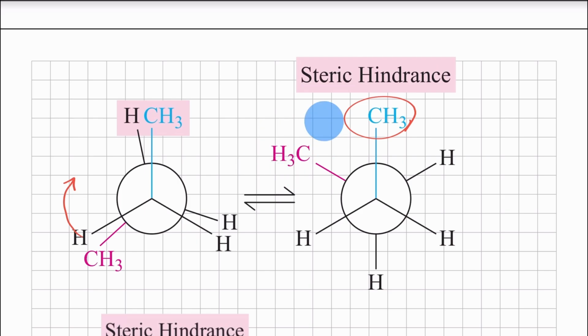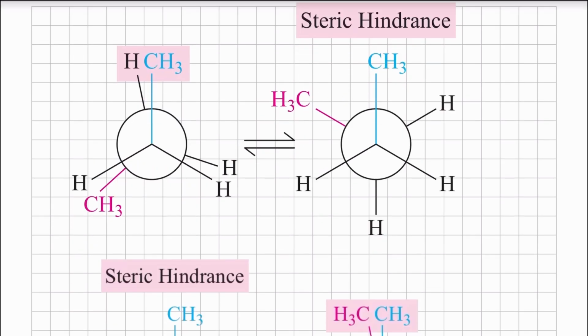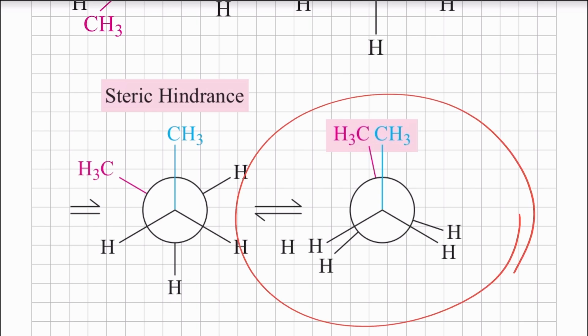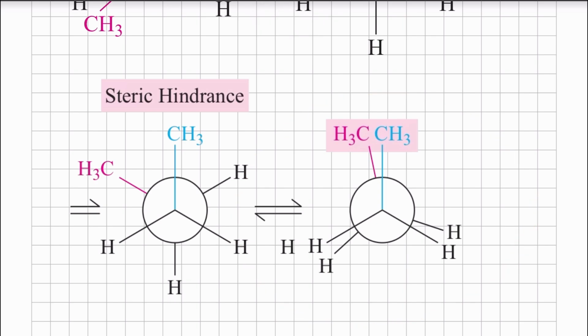We can even rotate this one more time, which is going to be like this. Now, take a really careful look at this conformation. In this conformation, which we may call the eclipsed conformation, just for now, we're going to have a different name for this in the following steps.